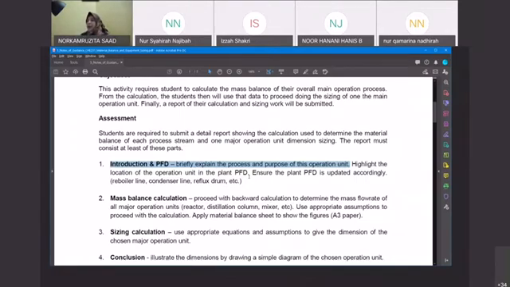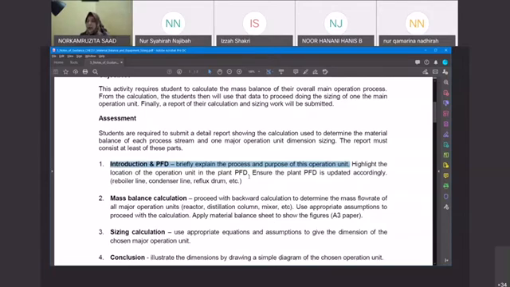Whatever you think you must add, you have to add in this particular task. But there is not much calculation involved for the reboiler, condenser or reflux drum. Now let's proceed to the mass balance calculation, which is what this task is all about.